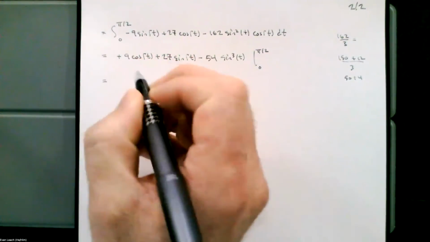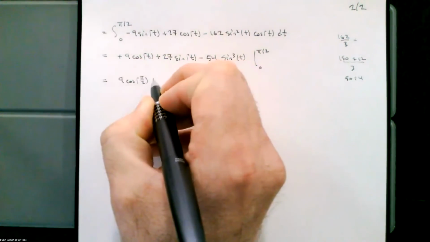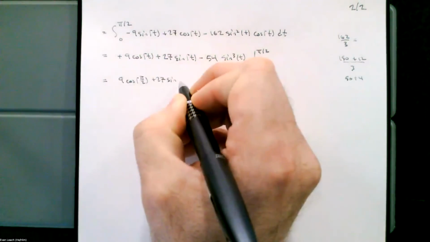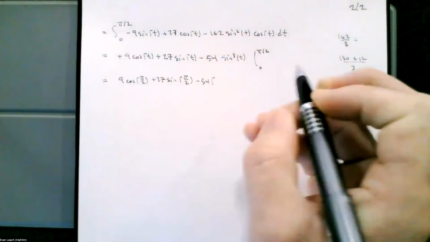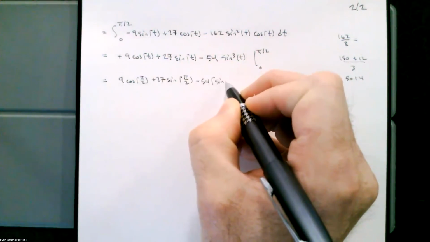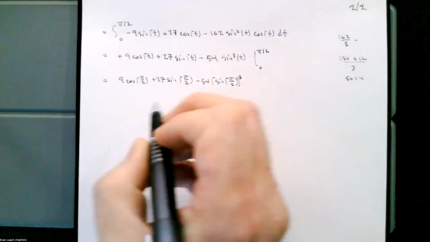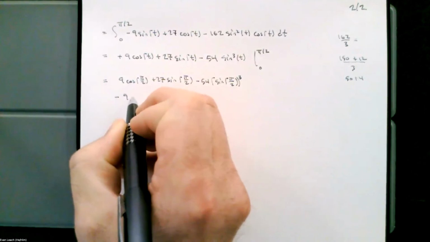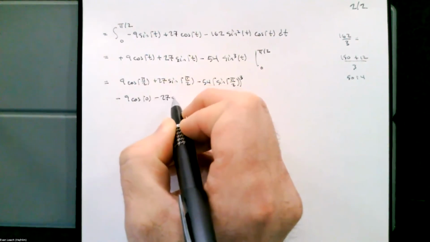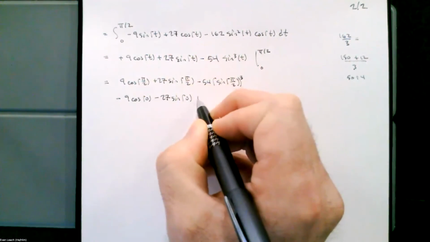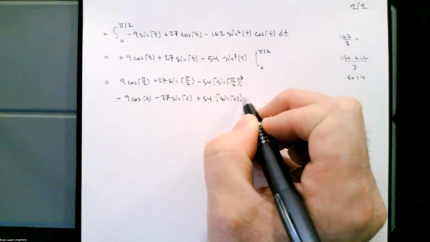So I've got 9 cosine of pi over 2 plus 27 sine of pi over 2 minus 54 times the sine of pi over 2 cubed, minus 9 cosine of 0 minus 27 sine of 0 plus 54 times the sine of 0 cubed.